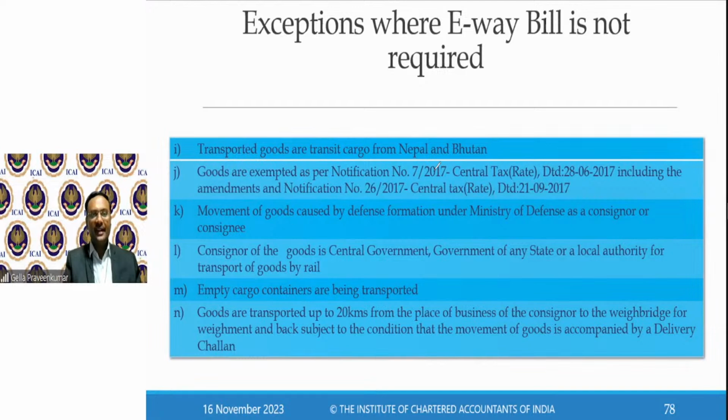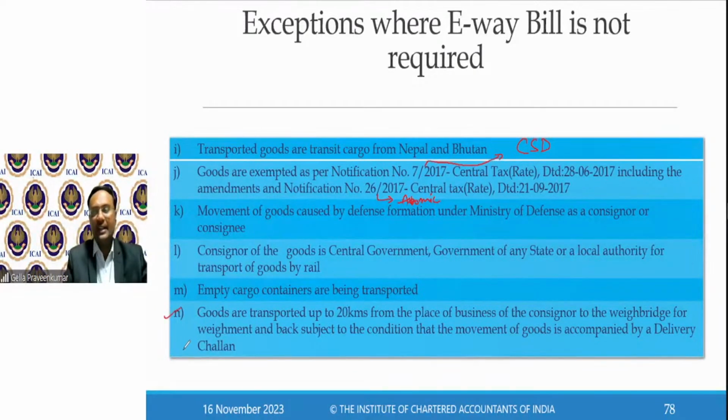Seven of 2017, this deals with your CSD, Central Stores Department. For military, navy, etc., you have that CSD stores. Any goods meant for CSD stores, or this is atomic energy for defense purpose, these are exempted under GST law.